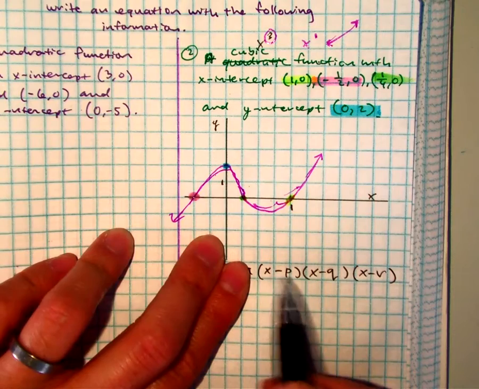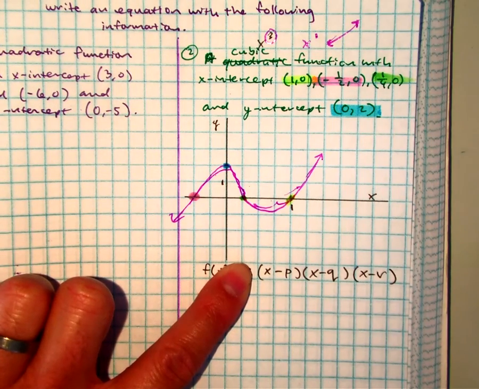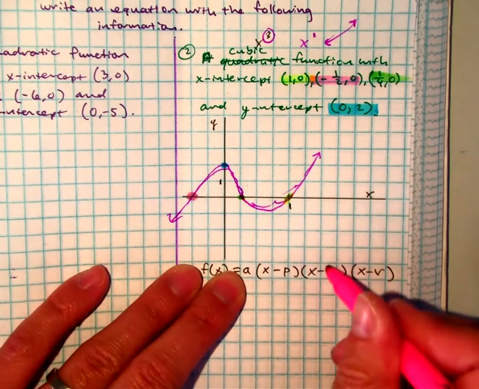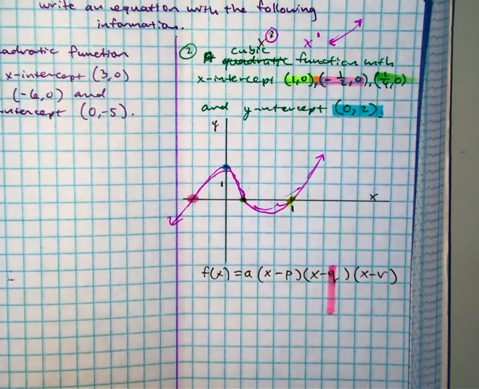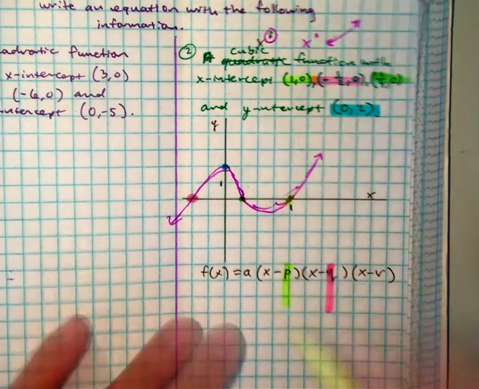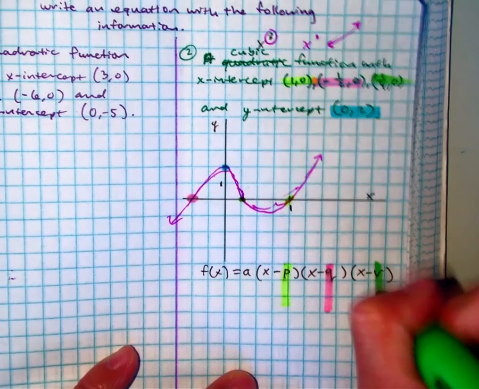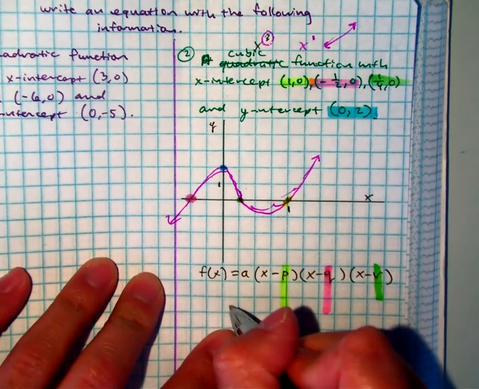And basically what's happening here is each of these values here, so that negative 1/2 will eventually go here for my q. And the 1 will go here for my p. And the 1/4 will go here for my r value. So I'm going to have something like this so far.